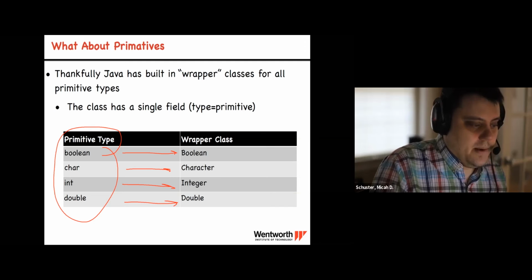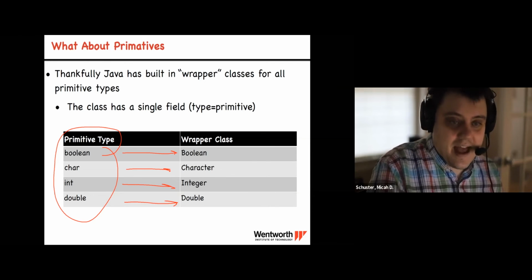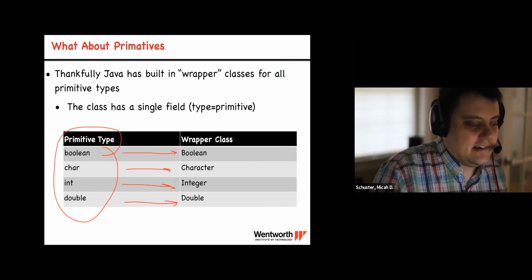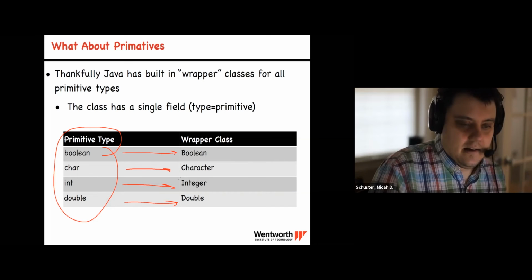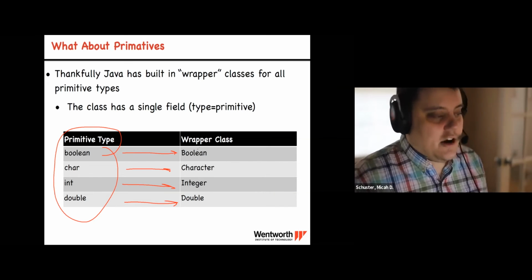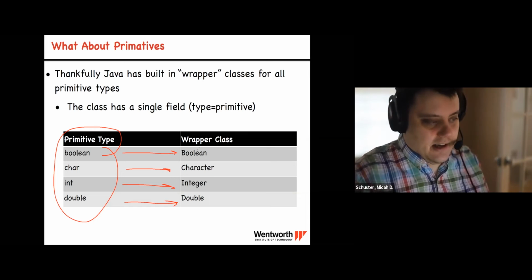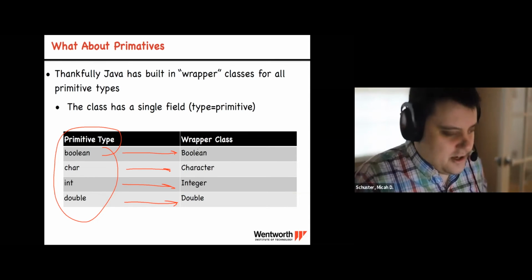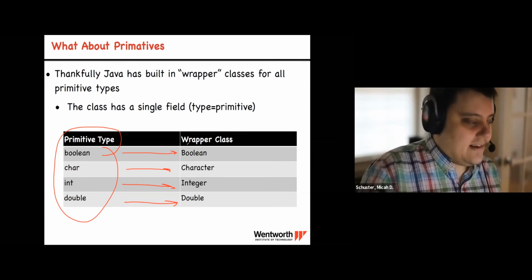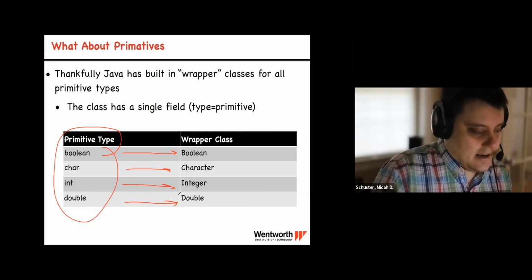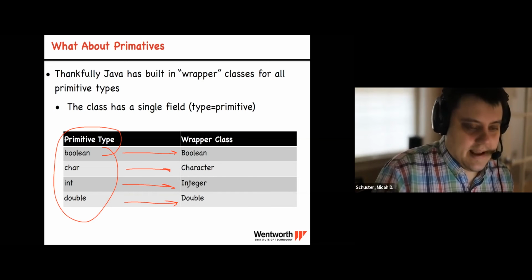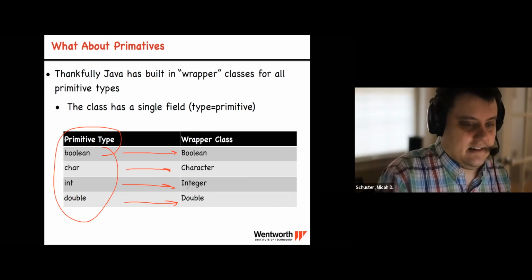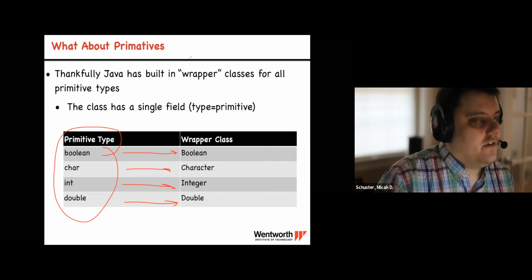So char would be Character with a capital C. If you want an array list of integers, in those angle brackets you put Integer with a capital I. Technically, they're a wrapper class around the primitive type, but that's not important for using it. Just know that if you want an array list of doubles, you have to use Double with a capital D in those angle brackets. That's the main thing to remember for the moment.